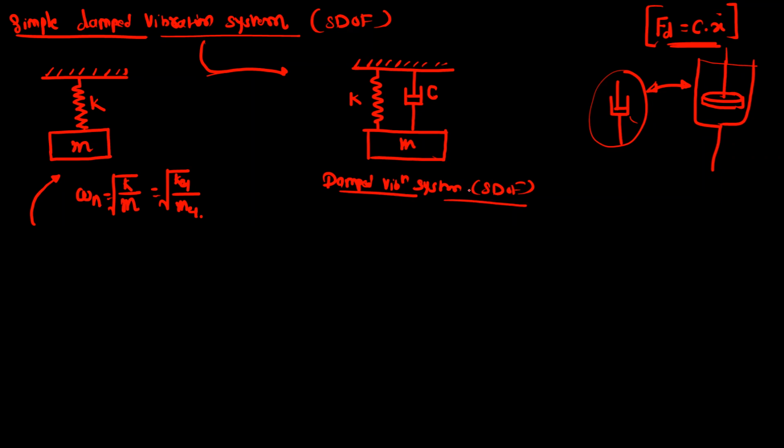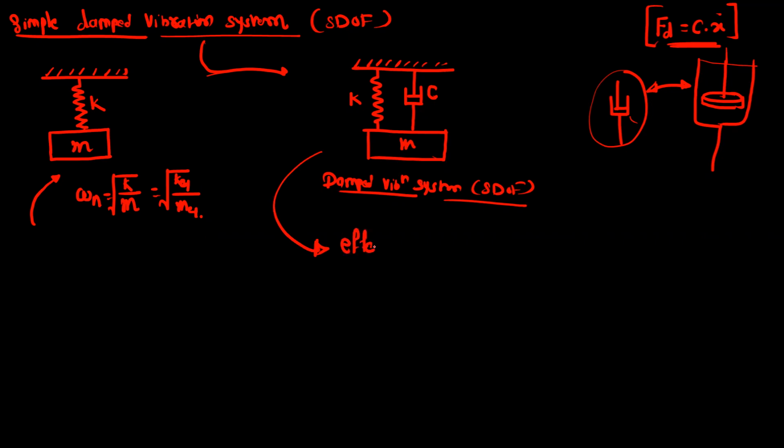So whenever you design any damped vibration system for a particular application, the engineer's role is that we should find out the effect of adding a damper on the displacement.